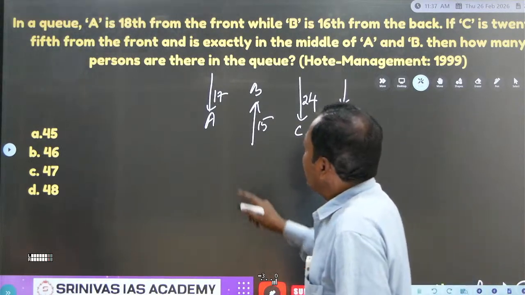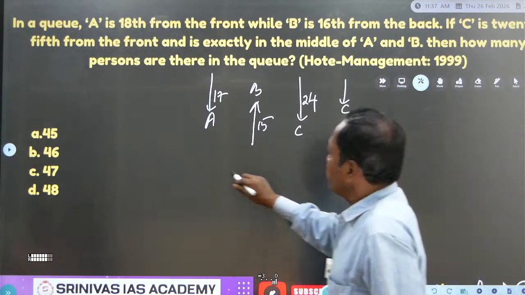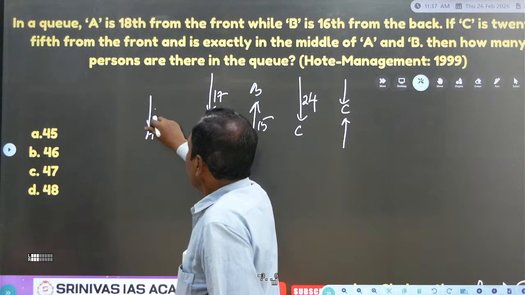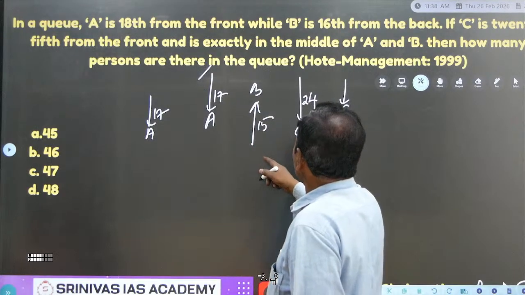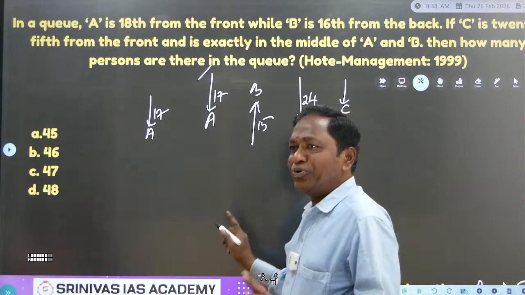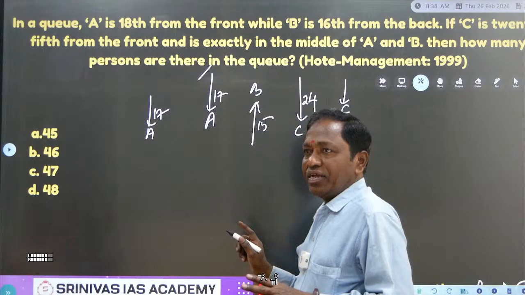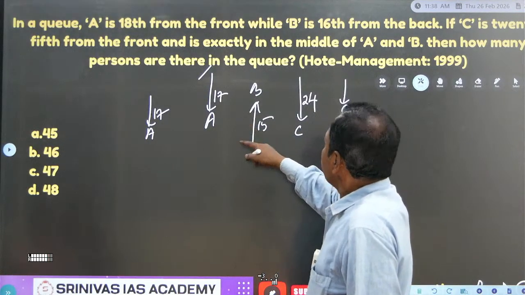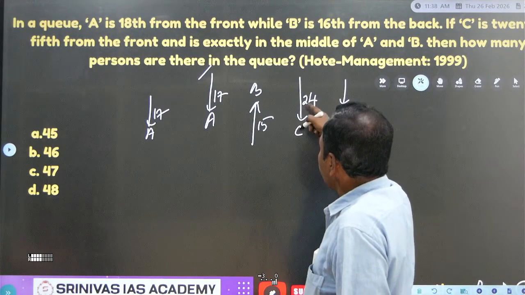Now we can see what you can write here. This is A, 18. This information is taken. B, we do not know. Where do you write C? C is exactly between A and B. This is also from the front, 24.